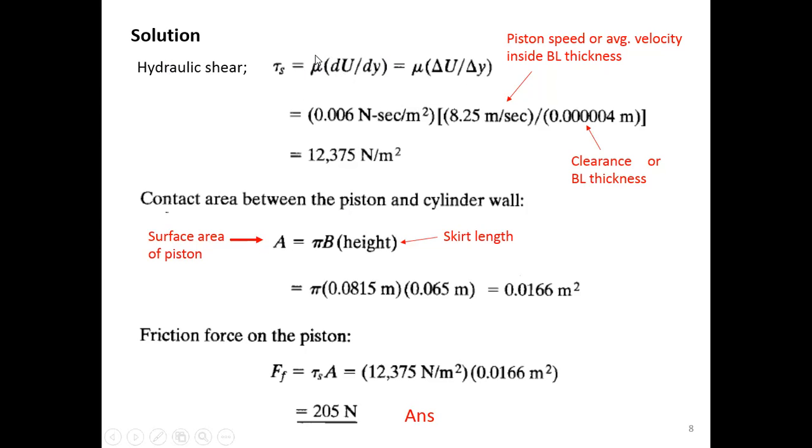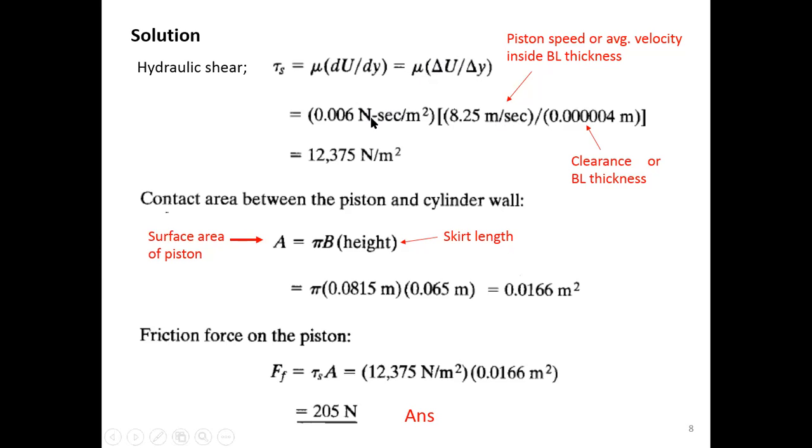We know the dynamic viscosity, they already gave it. We know the change of the velocity, from 0 to the velocity of the piston, which is 8.25 meter per second.